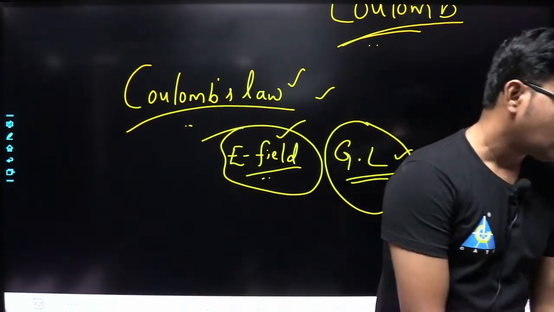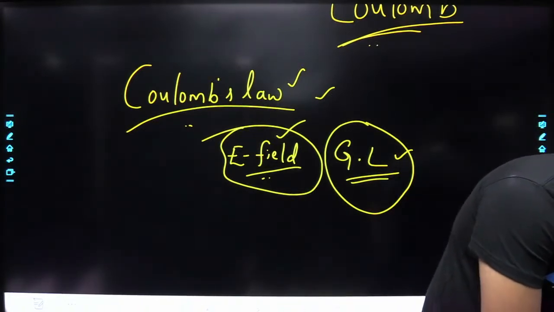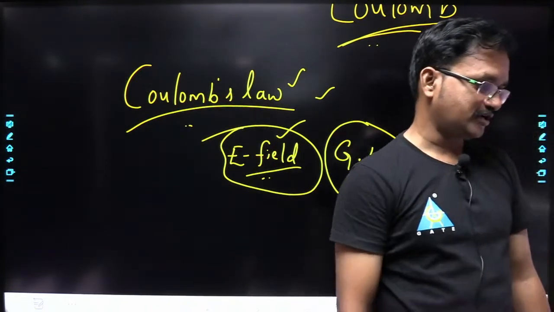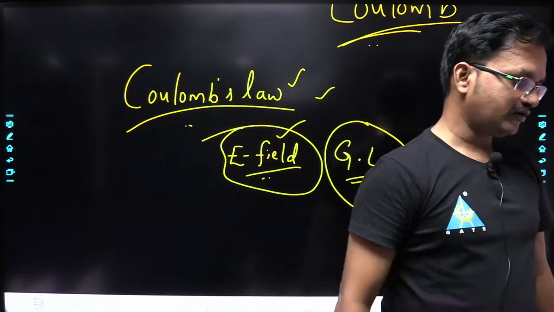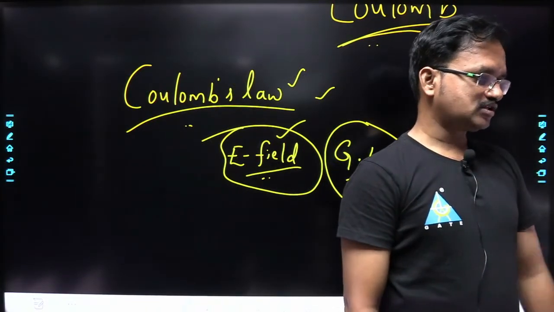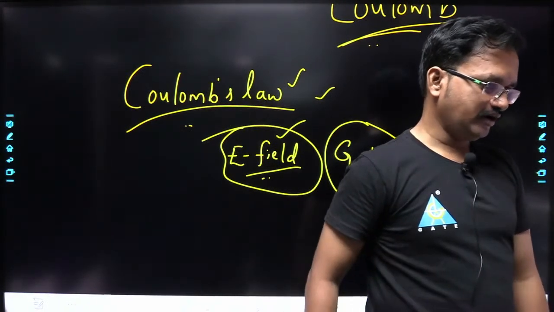Yes, Dev Sharma, F is equal to K Q1 Q2 by R square, where K is a proportionality constant. We will study what that proportionality constant is and on what factors this force depends in the next session.